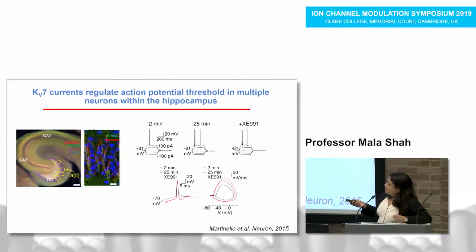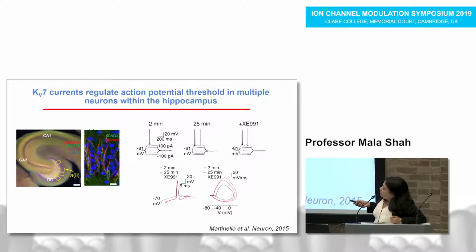So we made slices, and this is one of our slices. So this is the dentate gyrus, which you can see here. And in collaboration with Ed Cooper, we did some staining from these slices, and you can see that there is co-labeling of the KCNQ2 with a sodium channel, pan-Nav, and also ankyrin G, suggesting that these Kv7 channels, or Kv7.2 at least, are present in the axon initial segments of these granule cells.